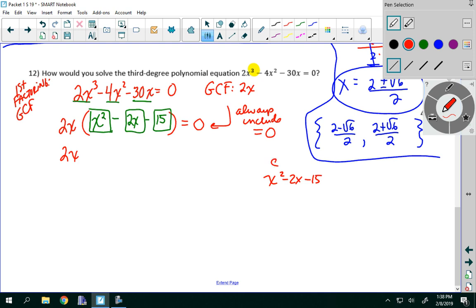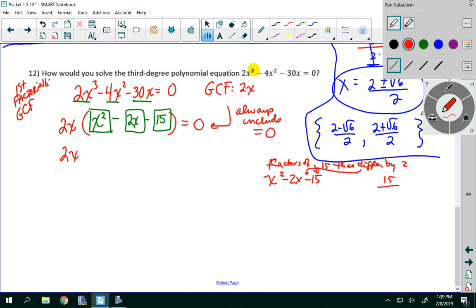Can I factor this? Let's see. So I'm searching for factors of 15 that differ, I say differ because of that sign, by 2. And I don't care much about the fact that it's negative 2 right now.